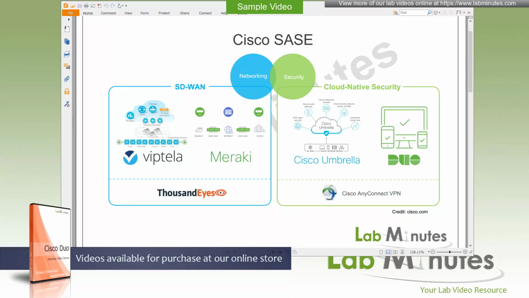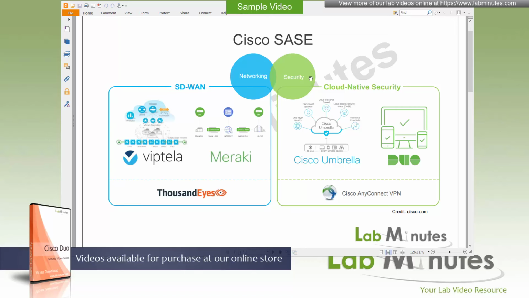And they usually include technologies around SD-WAN, Secure Access Gateway, Cloud Access Security Broker, Zero Trust Network Access, Cloud-Based Firewall, and Remote Access VPN. Cisco SASE solution fits into the second vendor category, with the networking half fulfilled by Cisco Viptela and Meraki SD-WAN, as shown in this diagram right here.